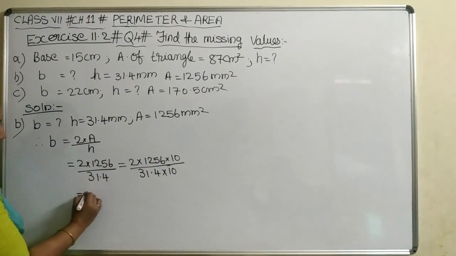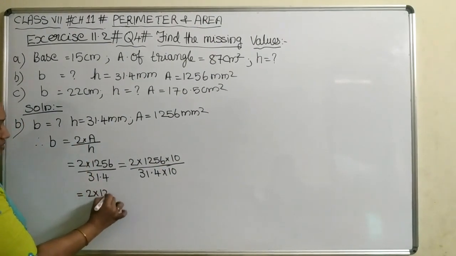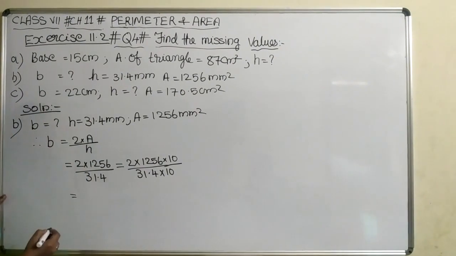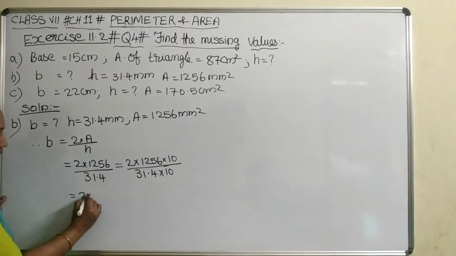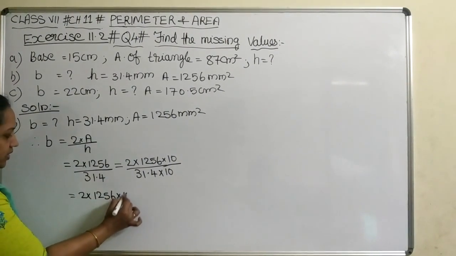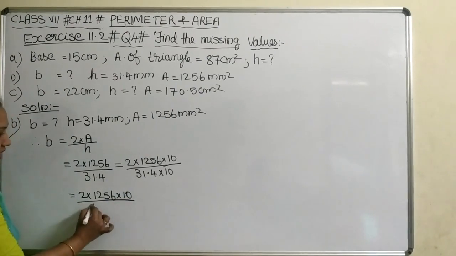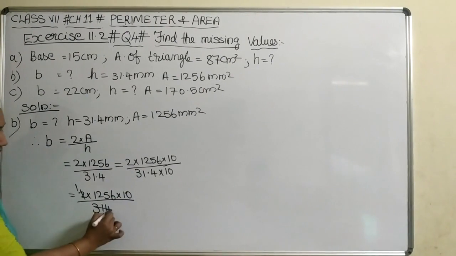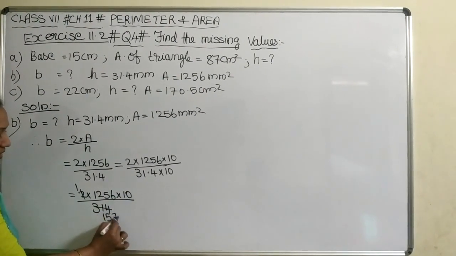So we get 2 into 1256 into 10 whole divided by 314. We can cancel to 1. Here it is coming 157.